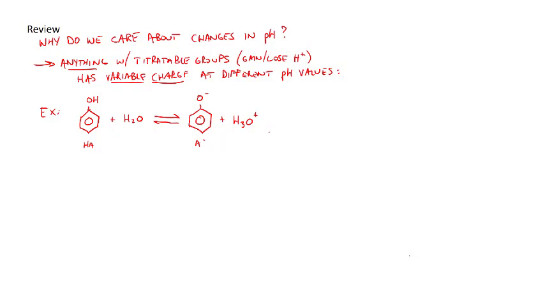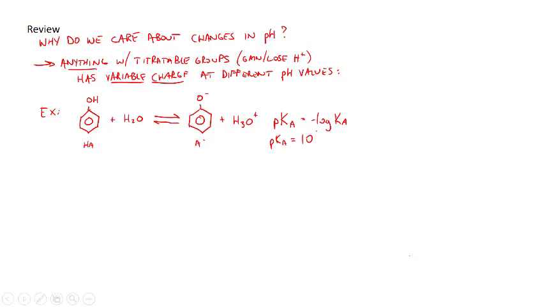So this is an equilibrium. It has a certain equilibrium constant associated with it, and therefore it has a p of the equilibrium constant. Remember, p is simply minus log of Ka. And as it happens, the pKa for phenol is right about 10.